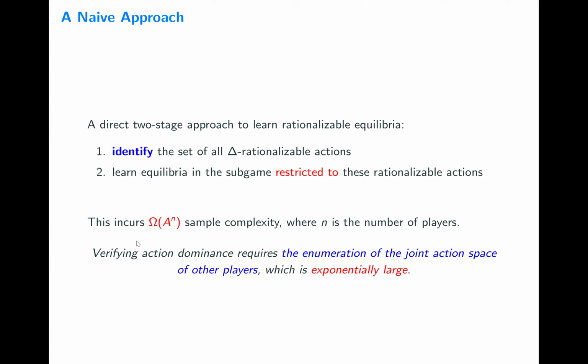This enumeration is very costly. It scales exponentially with the number of players. So this sounds like a negative result, saying rationalizable equilibria are very difficult to find, just because even testing whether one single action is dominated or not is quite difficult.